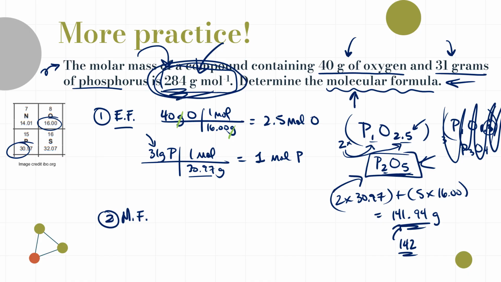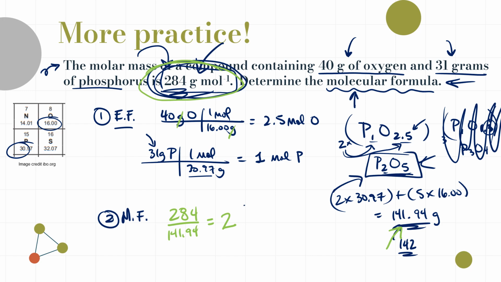What we're going to do instead is take our molecular formula's molar mass, 284 grams per mole. We're going to divide it by the empirical mass, 141.94, which is almost the same as 142. And then when we do this division, we're going to round liberally to 2. And so our scale factor is 2.